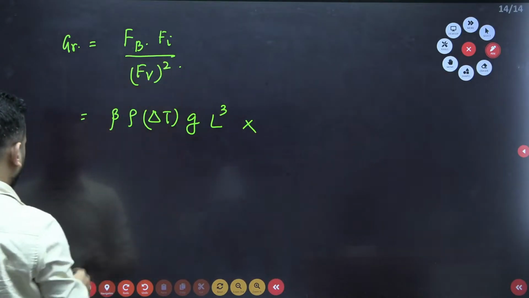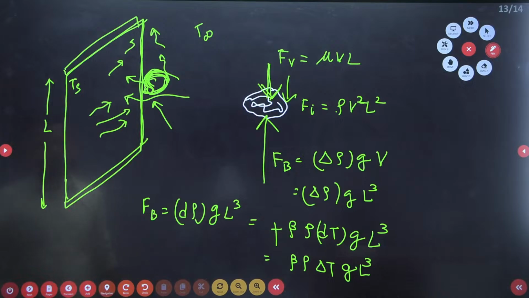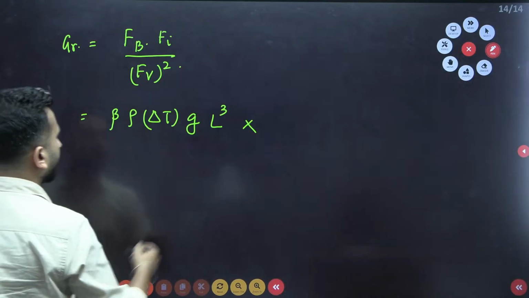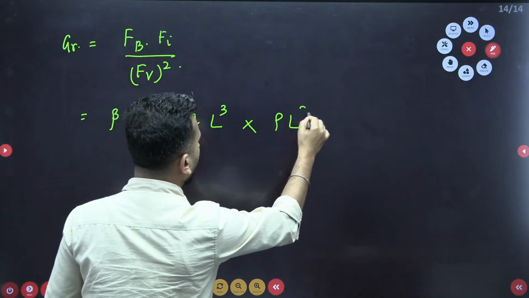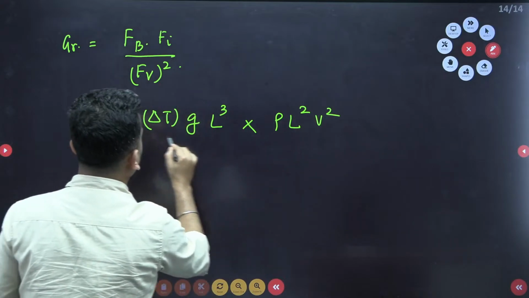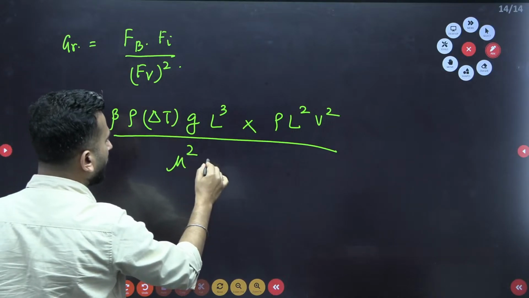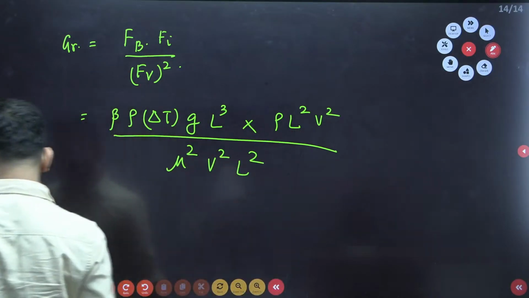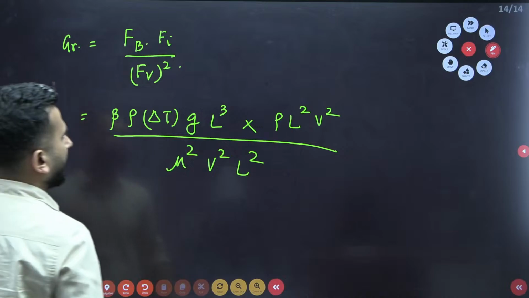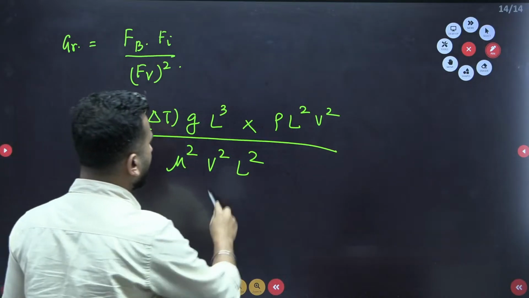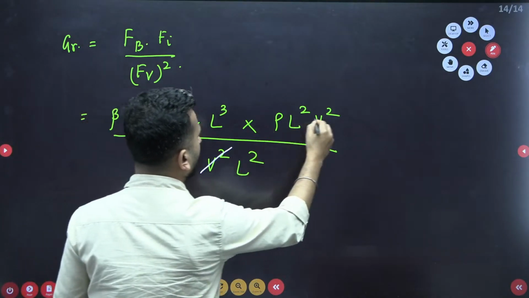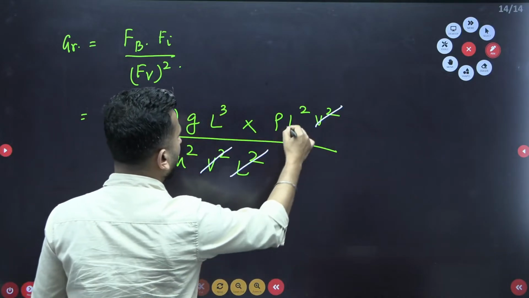What is inertia force? Rho L square V square. And what is viscous force? Mu VL, whole square, so mu square V square L square. So now things cancel out: V square you eliminate, L square you eliminate.